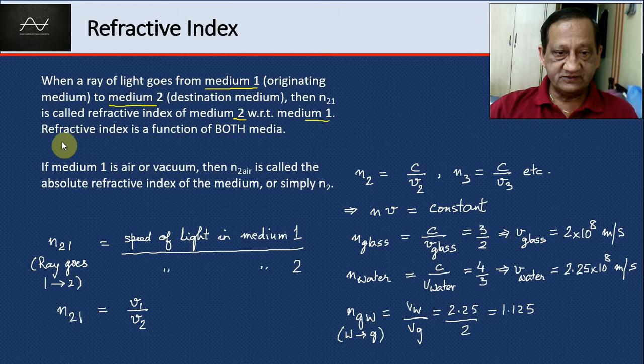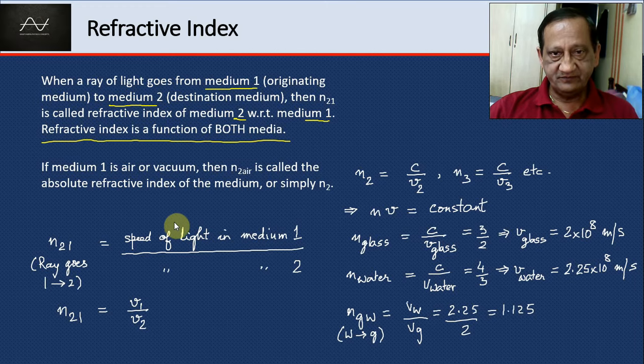And this refractive index is a function of both the media. Suppose medium 1 is air or vacuum, so medium 2 is some other medium. Then N2 air is called the refractive index of that material with respect to air, and that is called absolute refractive index or simply N2.